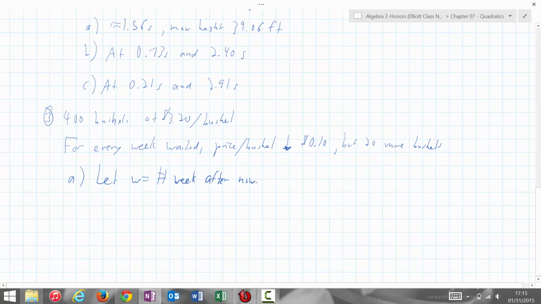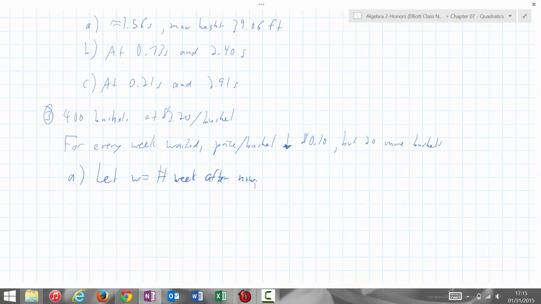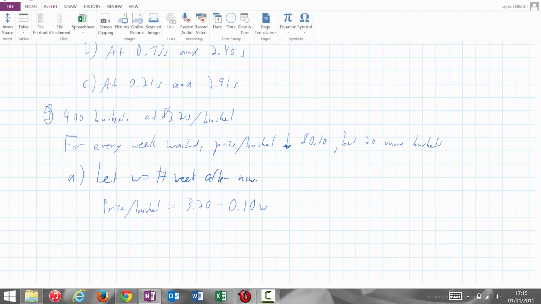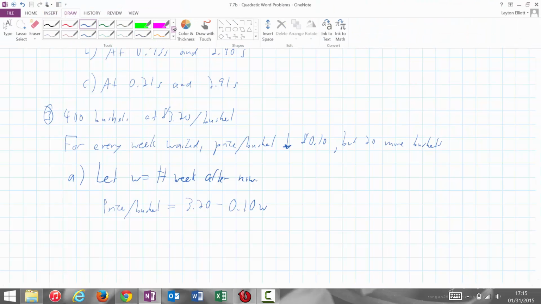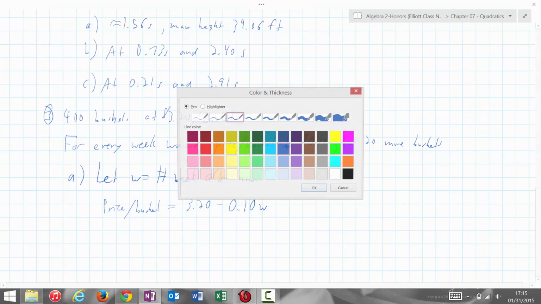And it says write an expression for the price per bushel in cents after W weeks, and then an expression for something else. So the first thing is I want price per bushel equals, well, the price per bushel is right now $3.20, but every week I wait it decreases by 10 cents, so I'm going to subtract 0.10 W. I'm going to switch colors to something a little bit brighter and a little bit thicker.